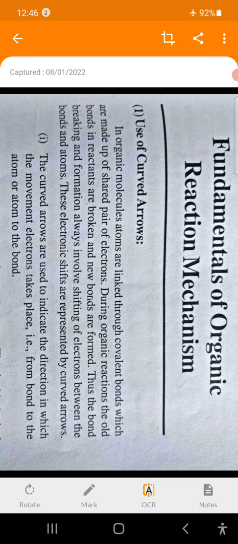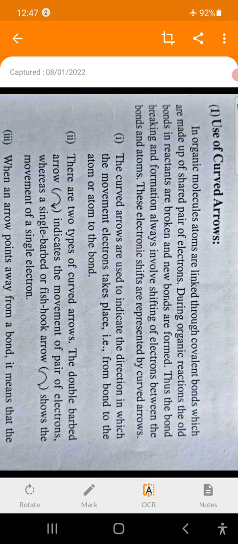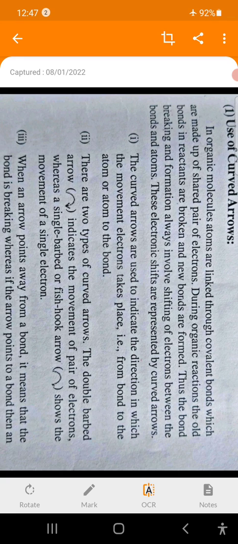Then how are arrows used to represent these bond formation and bond breaking processes? Curved arrows are used to indicate the direction in which the movement of electrons takes place.